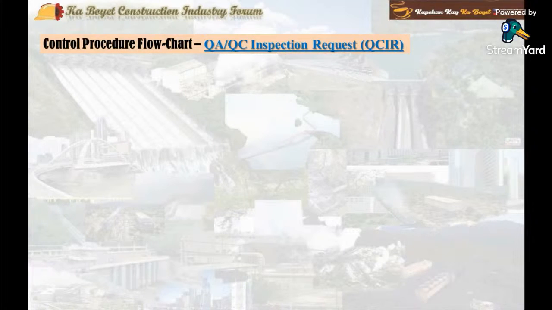Now, prior to requesting the consultant inspectorate engineer's inspection and acceptance of any completed or substantially completed construction or installation work, the contractor QC engineer shall first perform the initial inspection of the work to check and verify its compliance to relevant project contract documents.